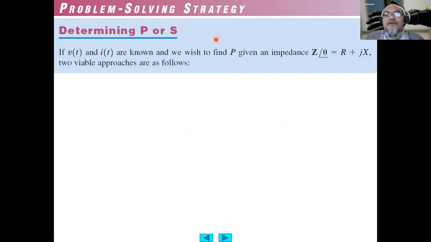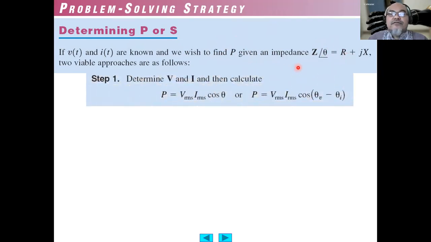Okay, what if we have a problem, then how do we solve it to determine the active power P and the complex power S? If the voltage as a function of time, v(t), and the current as a function of time are known, and we wish to find the active power P when we know the impedance Z with the phase angle theta equal to R plus jX, there are two approaches.